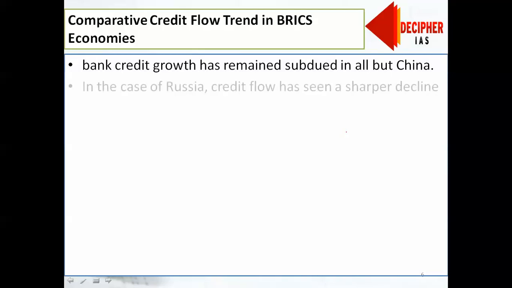Second point is, in case of Russia, the credit flow has seen a sharper decline, especially after the embargoes as well as sanctions imposed by the US-led group, and Russia has been thrown out from the G8 also. So obviously the investment has decreased in Russia and hence the decline in the credit uptake.